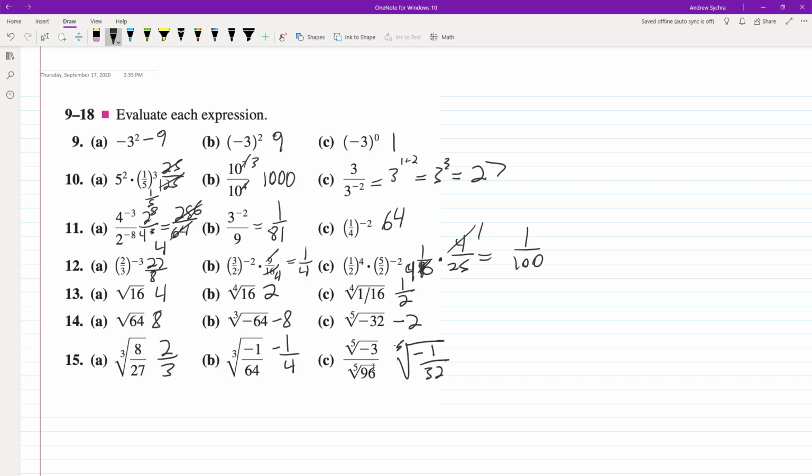And the fifth root of 32 is equal to 2. And since we've got an odd root, we can pull out the negative, so we get negative 1 over 2. Alrighty.